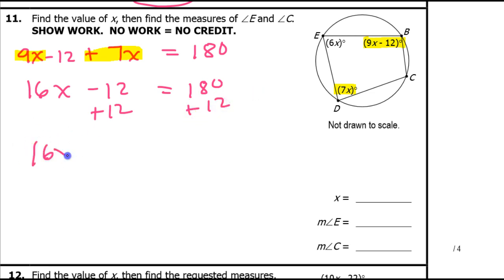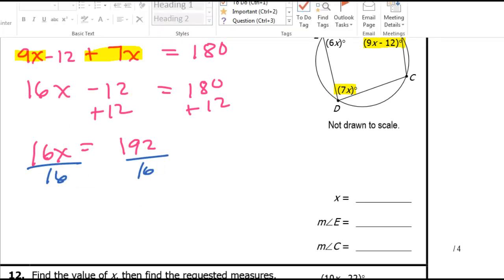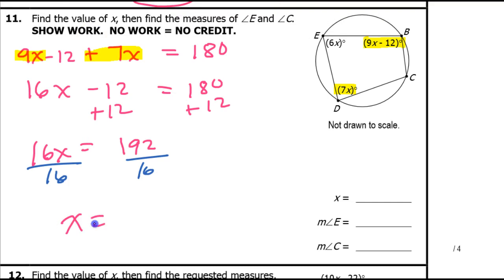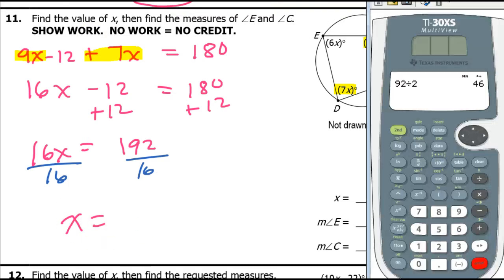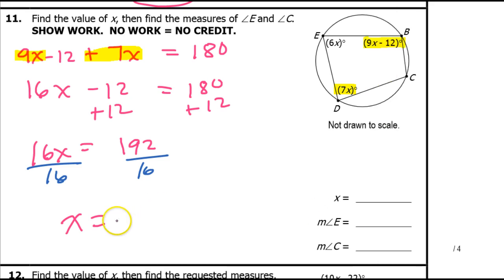So that's going to be 16x is equal to 192. And then we will divide by 16 on both sides. A nice whole number. So x is 12.